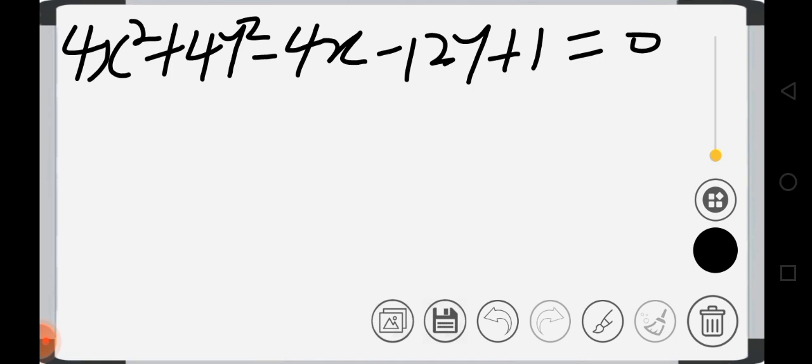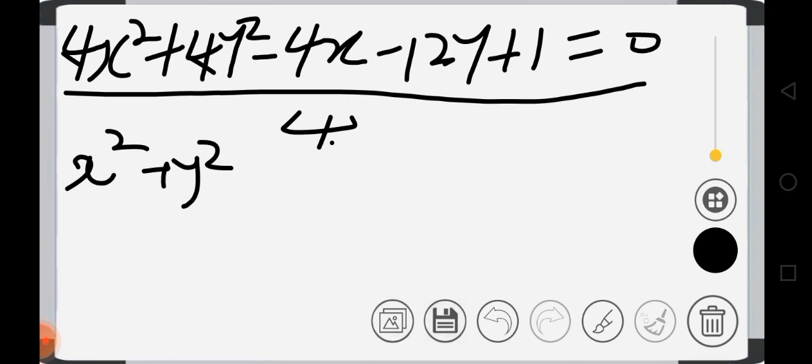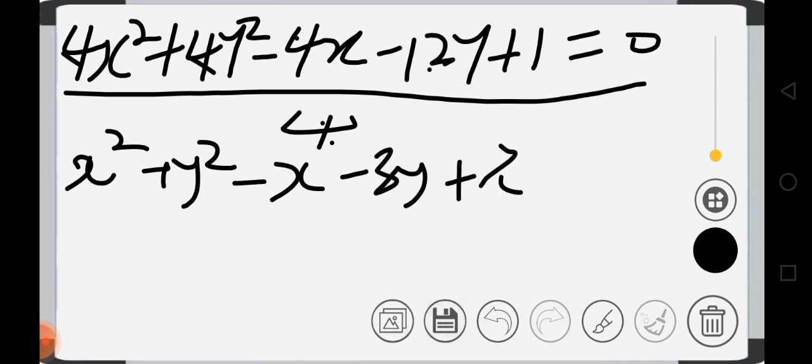So the first thing I'm going to do here is make these two terms, x squared and y squared, have a coefficient of 1. So I'm going to divide everything by 4. Now this 4 will cancel this 4, so we're going to have x squared plus y squared, then minus x, then 12 divided by 4, that's 3y, plus 1 over 4 is equal to 0. So that's what we are going to have.